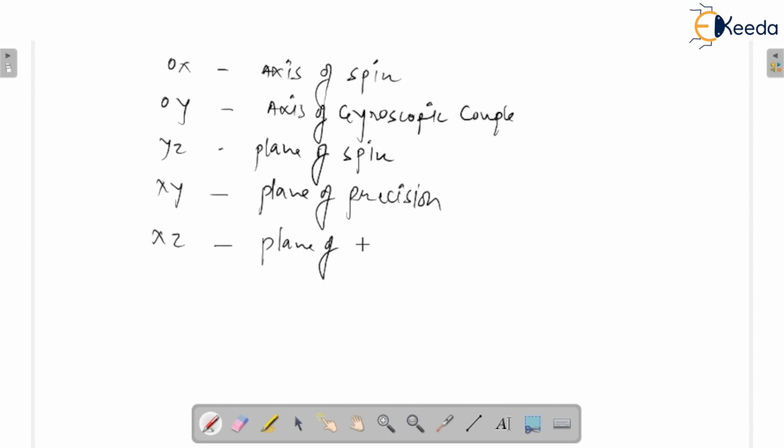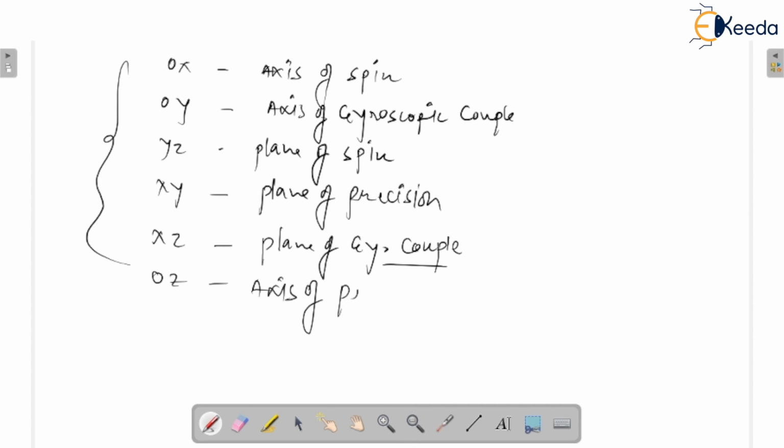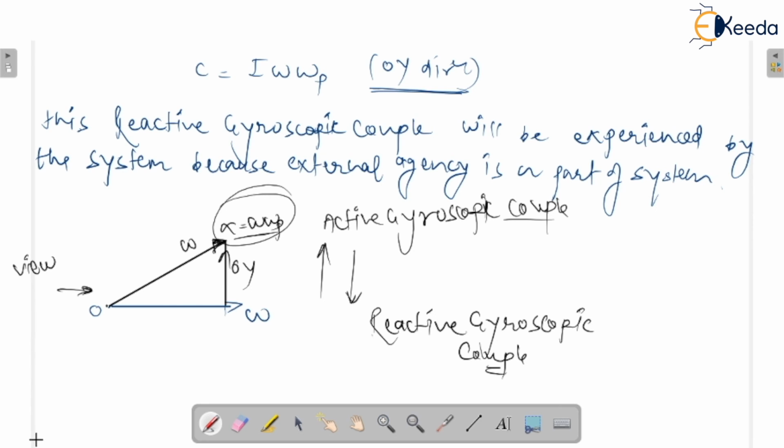And OZ is the axis of precession. So all these terms I have defined here, you can see in the diagram.